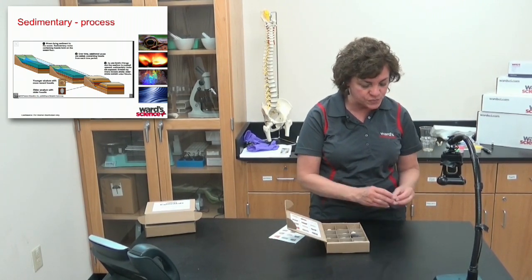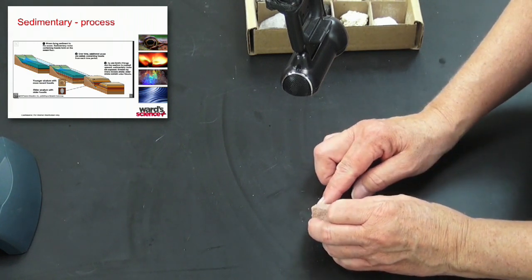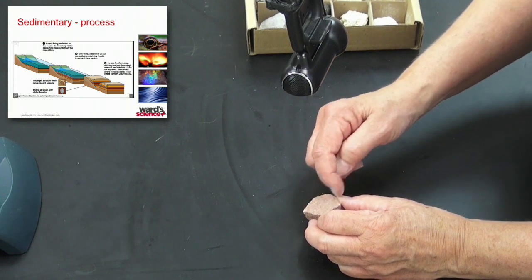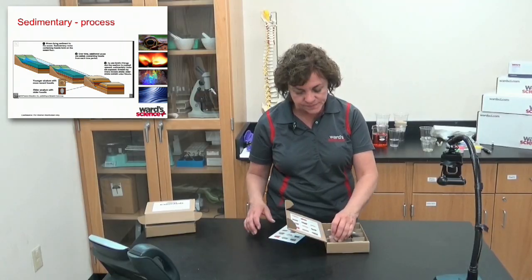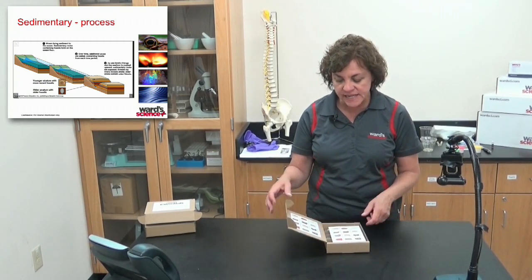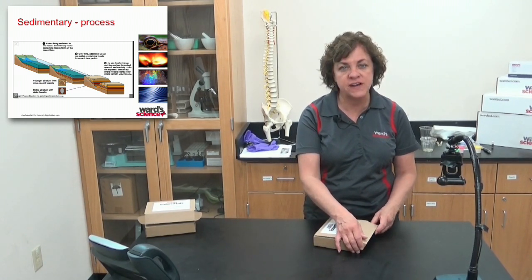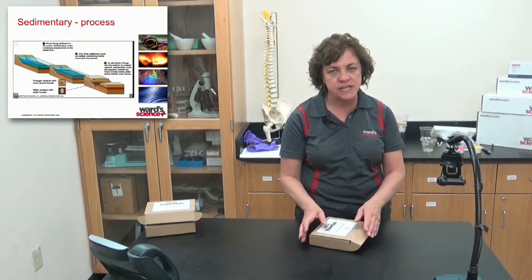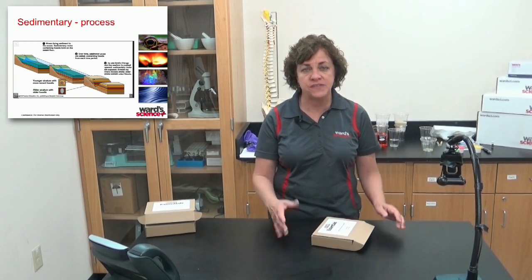This is a sandstone, which you have probably also seen. This is commonly used to show sedimentary because you can see the lines and how it was laid out. Also, sedimentary are the only kind of rocks that you're going to find fossils in, because with the temperature and the pressure of metamorphic and the melting of the igneous, neither of those are going to have any fossils in them.